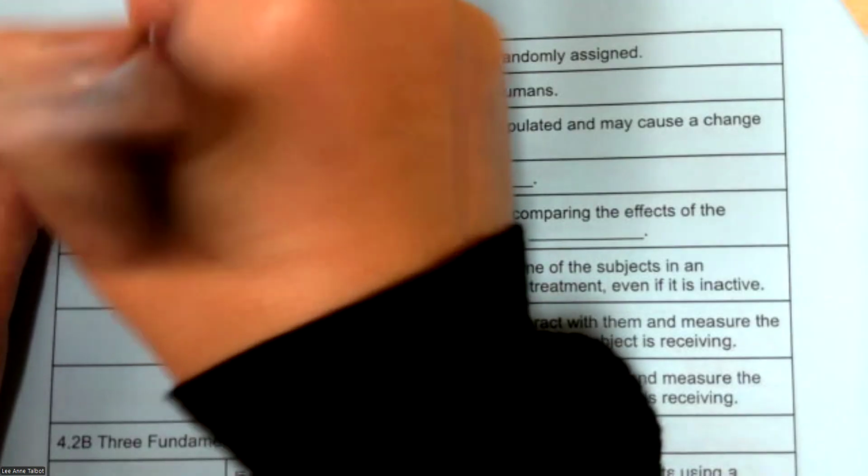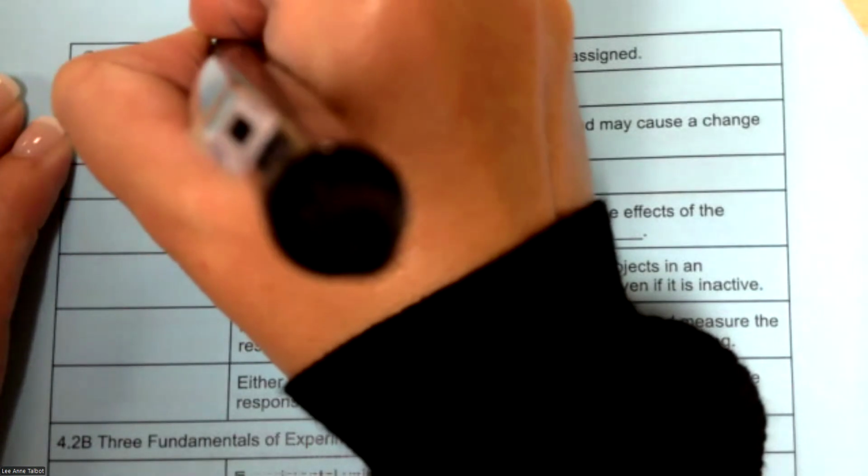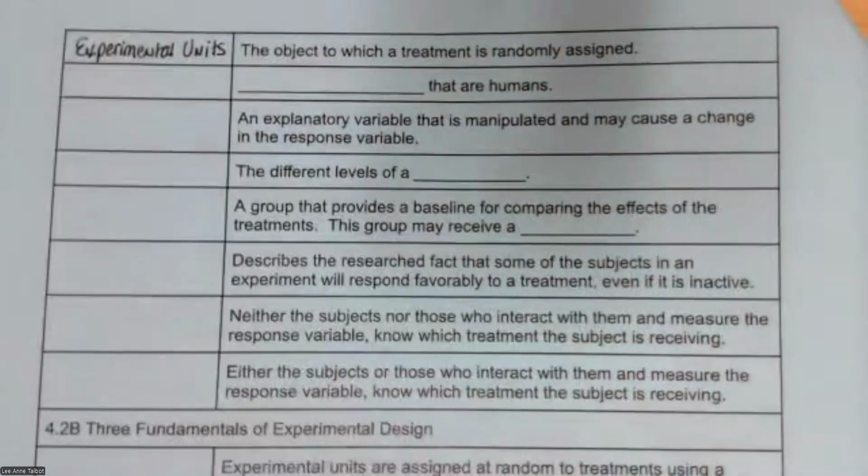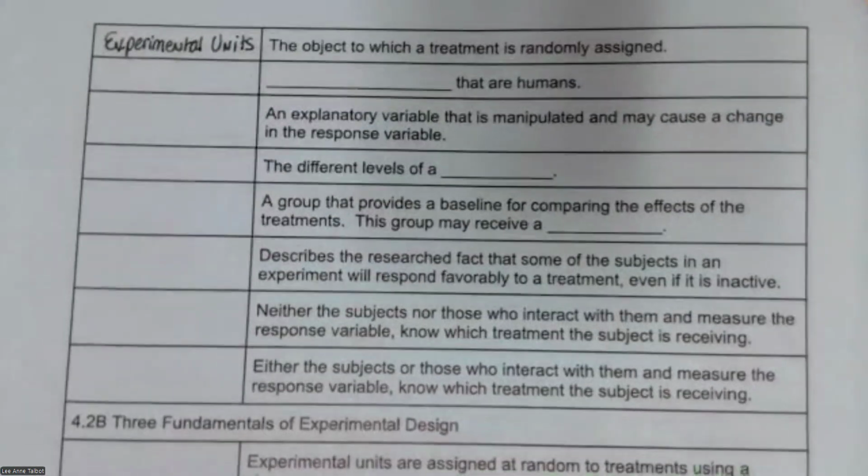Experimental units: the objects to which treatments are randomly assigned.